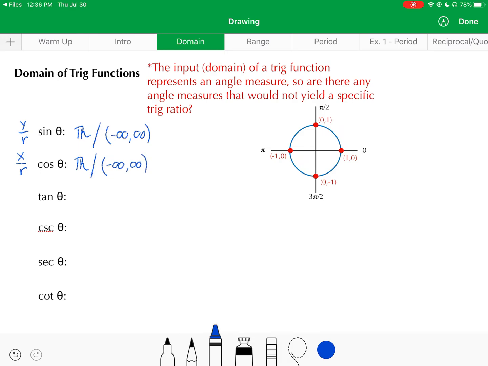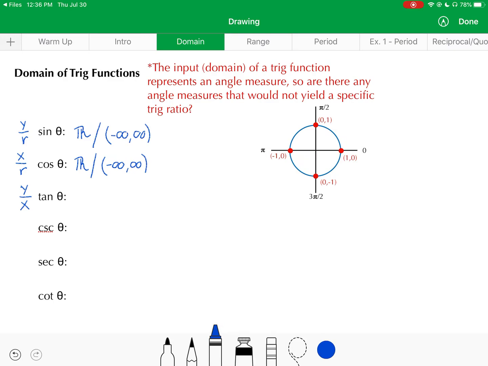All right, now tangent is the first function that we'll say doesn't have a domain of all real numbers. Tangent's defined to be y over x. And what we want to focus on here is that the denominator of this fraction is x, and it is possible that x could sometimes be equal to 0. So this is where the unit circle comes into play.